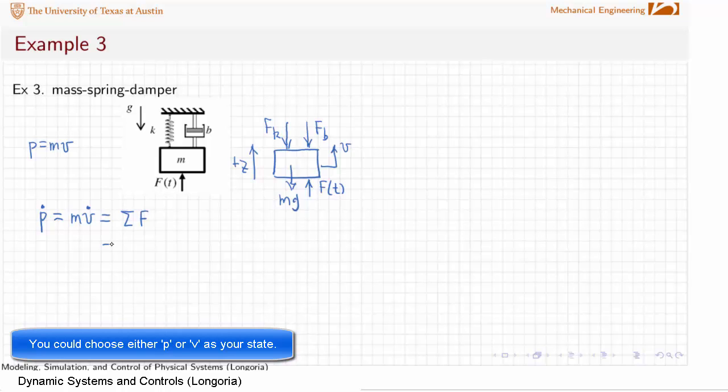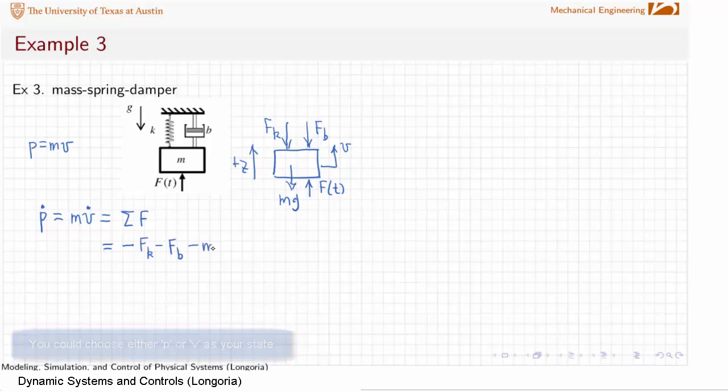In this case, the forces are, in the positive sense, upward, F of t, so you have minus F k, minus F b, and in this case, the gravitational force is negative, so it's going down. And always think about this, if it's working against the velocity, it's going to be negative, whereas the applied force here is actually going to be positive.